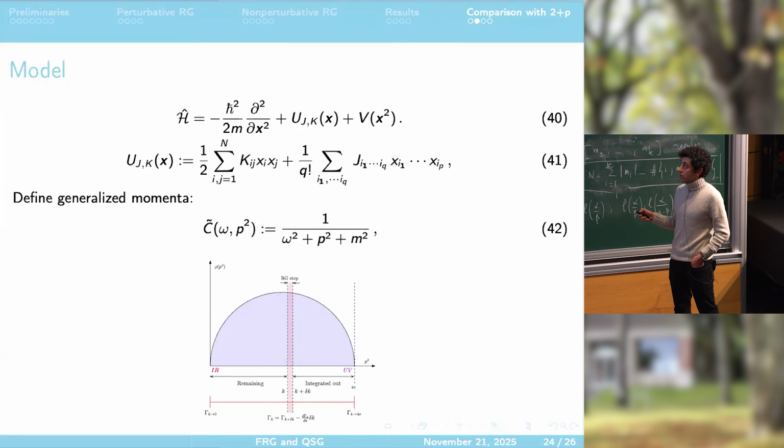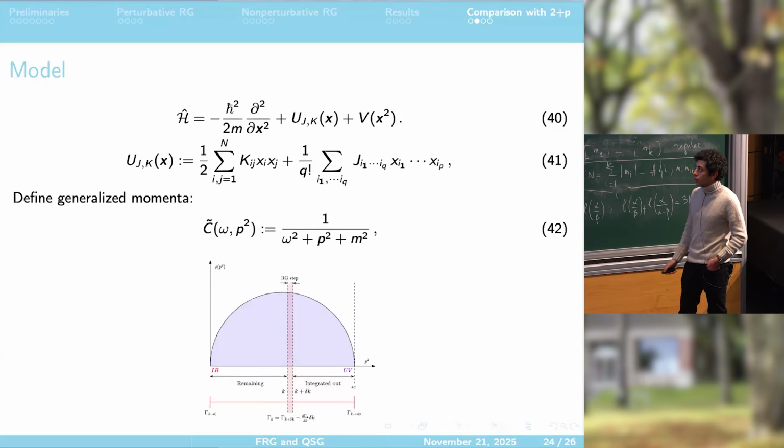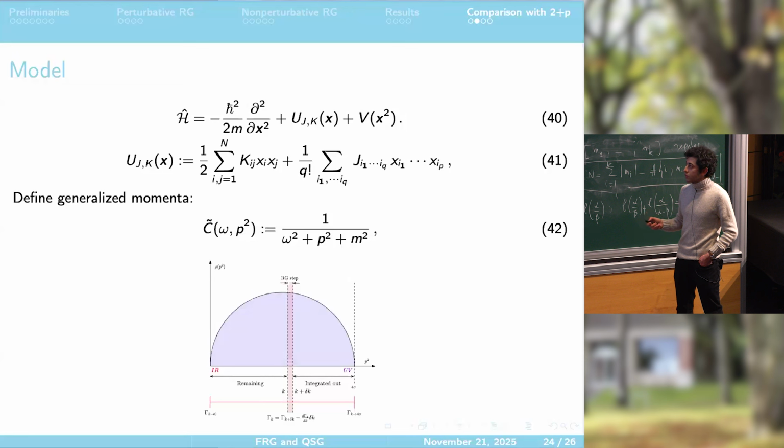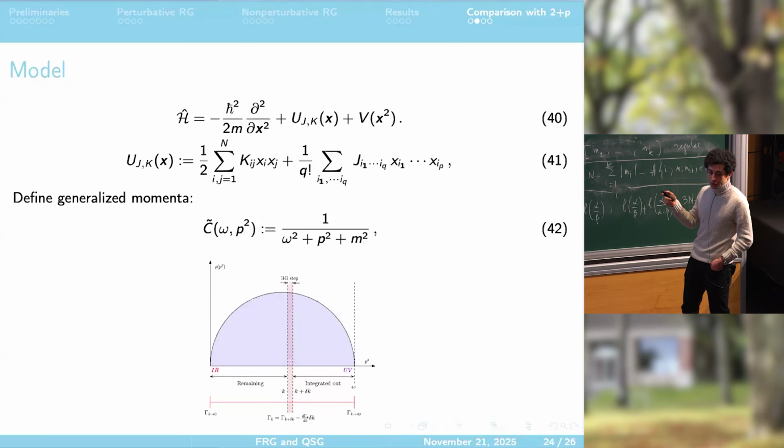So you would see that the propagator would look something like omega squared plus some lambda, the eigenvalues of the matrix, plus m squared, and then we interpret these lambdas as some sort of generalized momentum, after shifting it a bit. And then we did the same machinery of renormalization by integrating out the UV modes in that generalized momenta space.